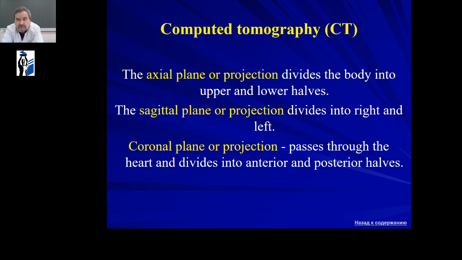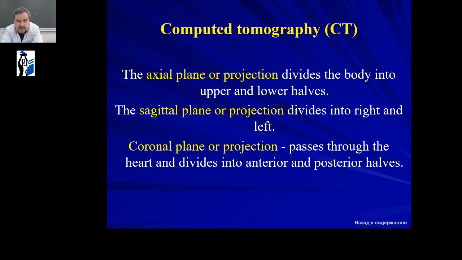There are three projections or three planes in computer tomography. Axial plane or projection divides the body into upper and lower halves. The next plane or projection is sagittal.